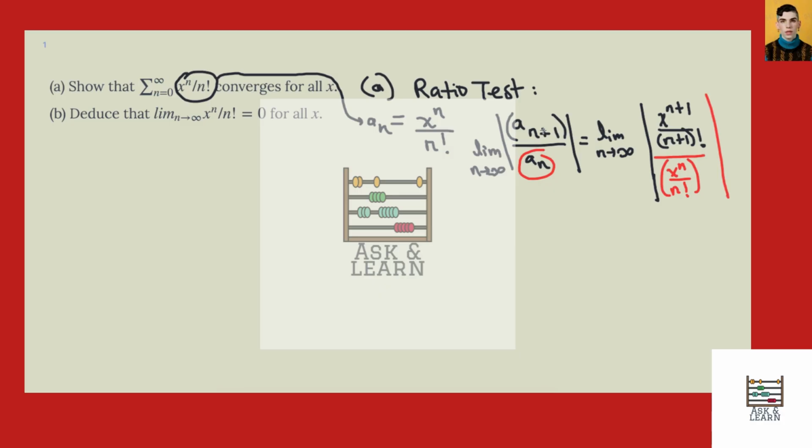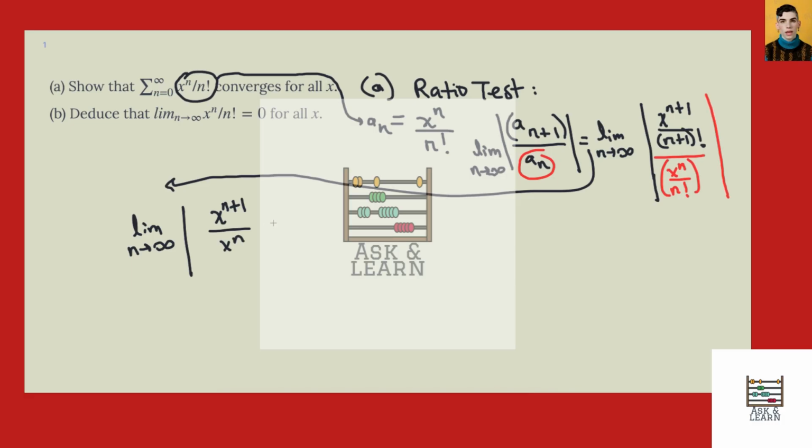Now we should go ahead and flip that red fraction over and multiply, dividing by a fraction here. So I'll have x^(n+1) over x^n, and then n factorial over (n+1) factorial. Here's a key observation.